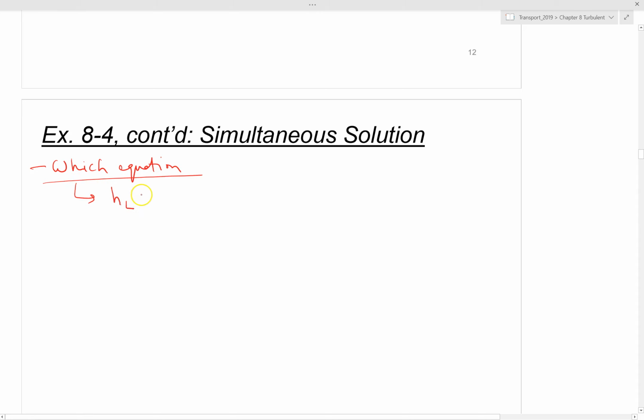HL or delta P is equal to F, the friction factor, times L divided by D, times V square divided by 2g. So you need to find diameter as a function of HL, etc. Right?